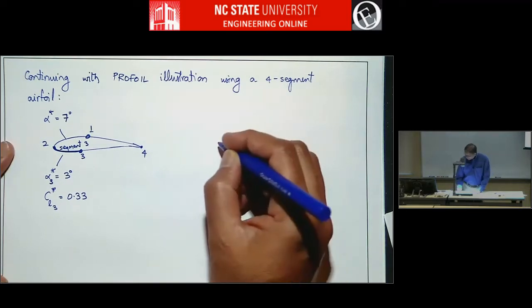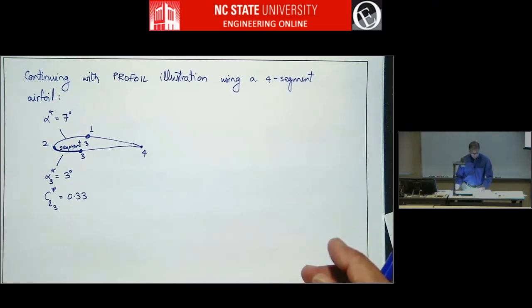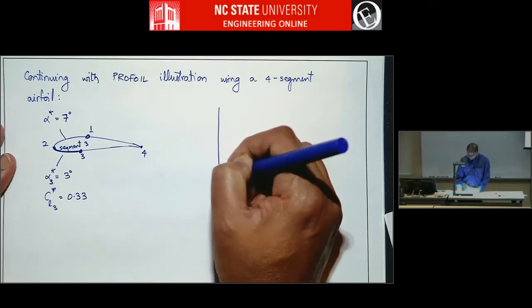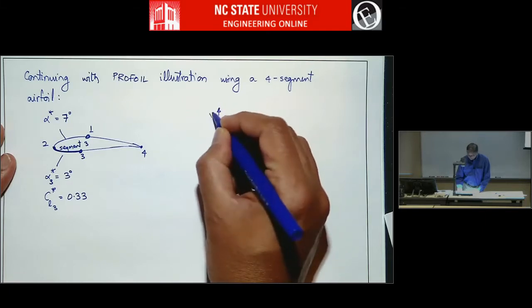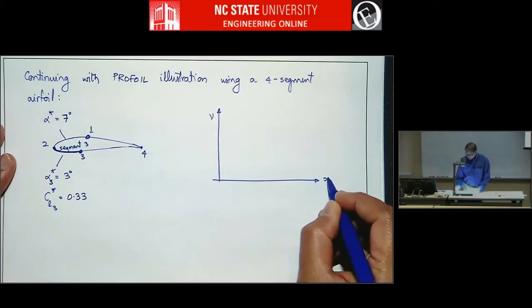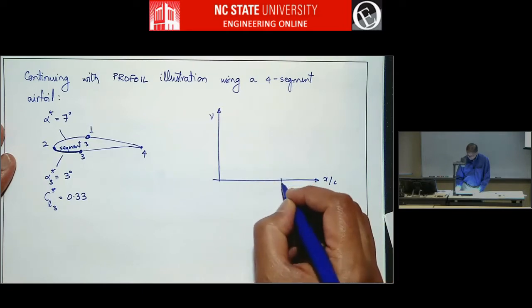Okay, so now if you plot the velocity distribution, you generate the airfoil and then you go analyze it, and you plot the velocity distribution.